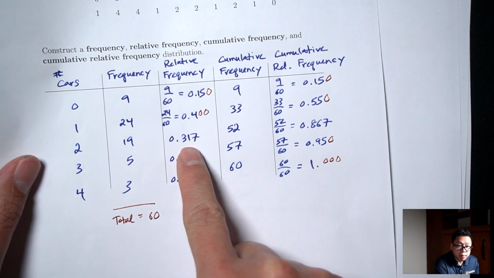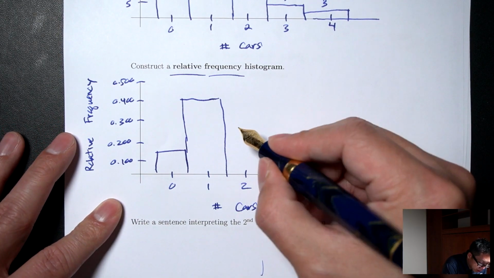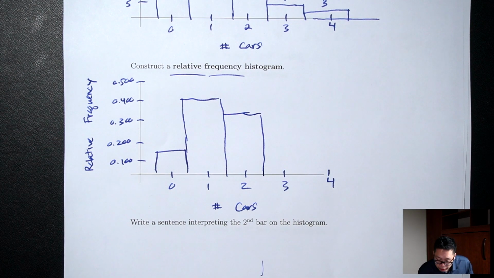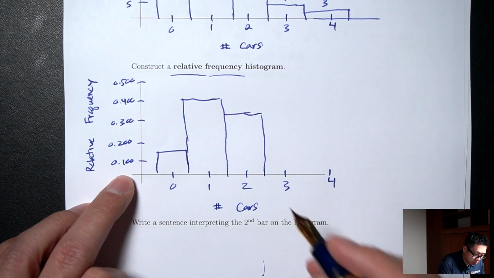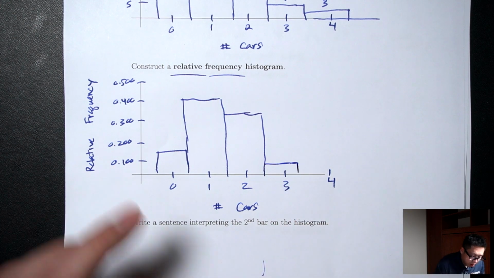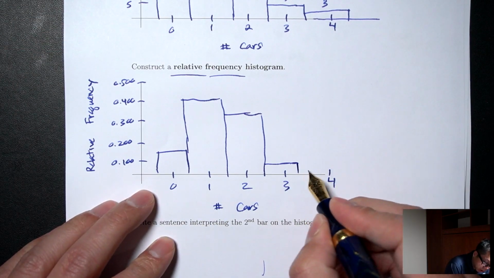Next up, 0.317. That should be right here. The 0.083, that should be below the 100. And then finally the 0.050, that's 50. That should be below the 100 also.